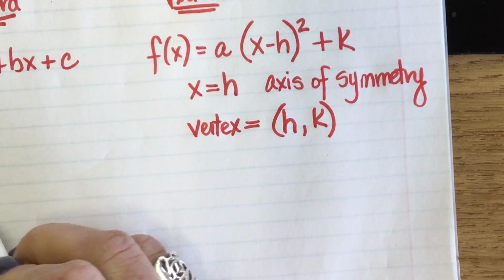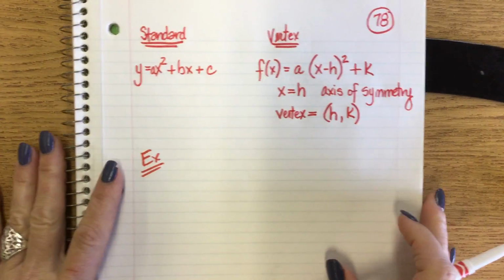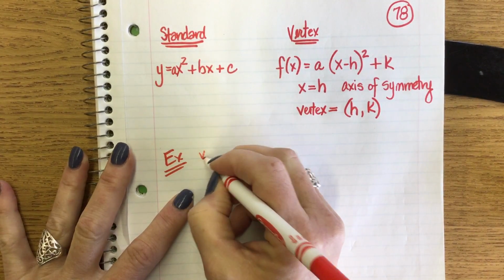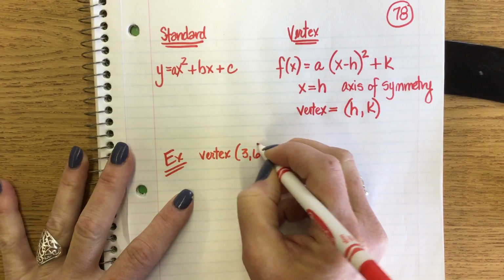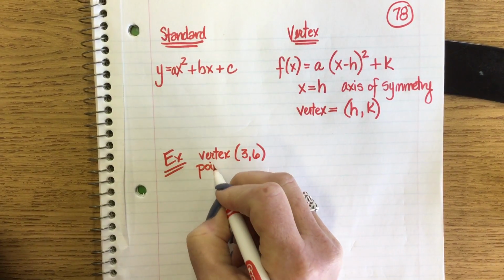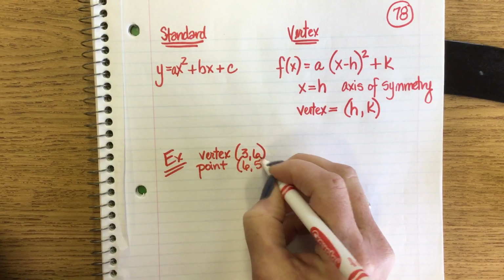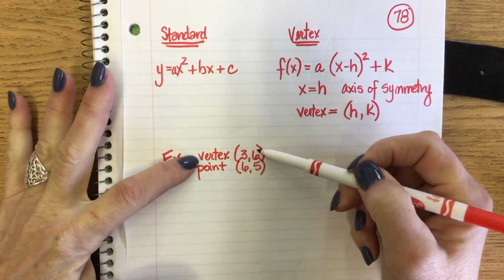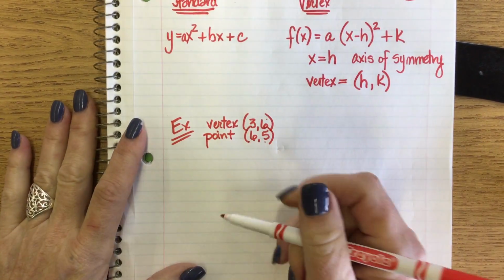All right, so let's look at an example. If I were given, let's say, a vertex of 3, 6, and then I was also given another point on my graph of, we'll just say 6 and 5, okay? So using this information, I can actually come up with the vertex formula.